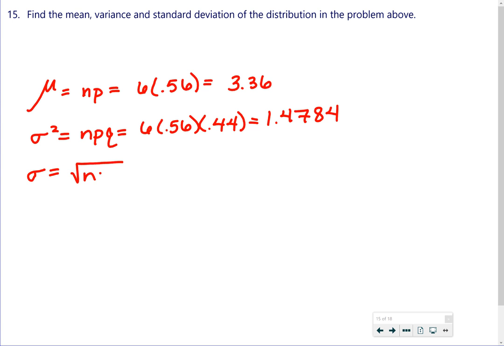So square root of NPQ, or in this one, square root of 1.4784, which is 1.216. Mean, variance, standard deviation. Very quick little calculations on that one. Okay. Questions on 15?